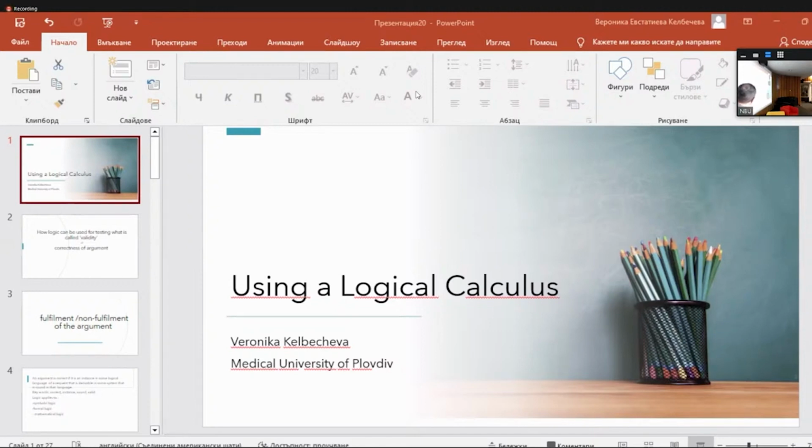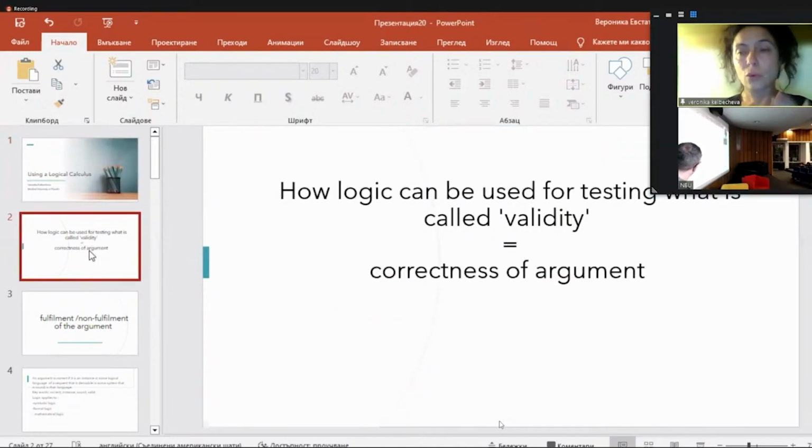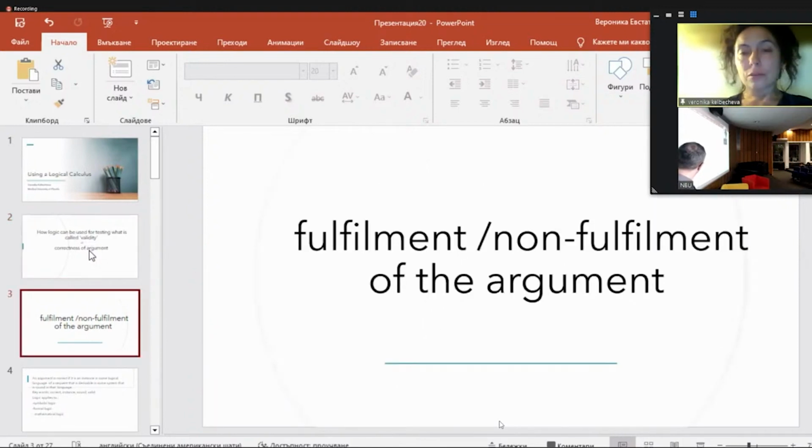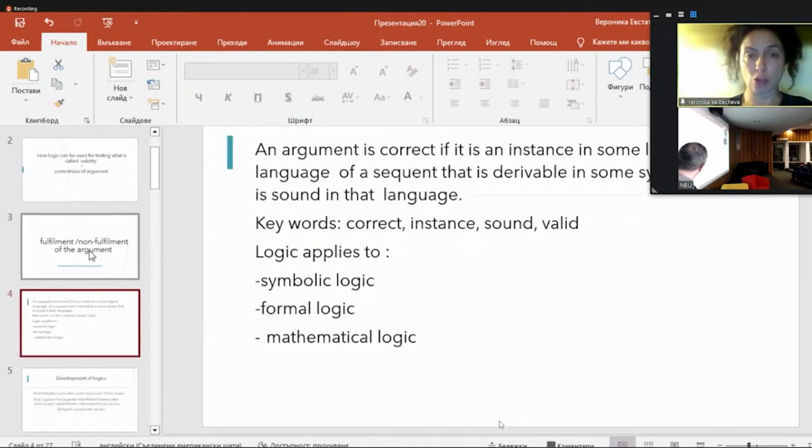Okay, shortly to resume how logic can be used for testing what is called validity, and for the author, this is the correctness of the argument. Fulfillment or no fulfillment of the argument is what he observes in this chapter.